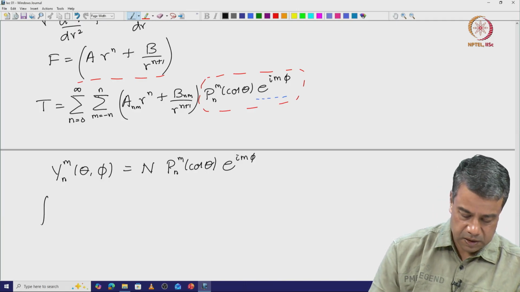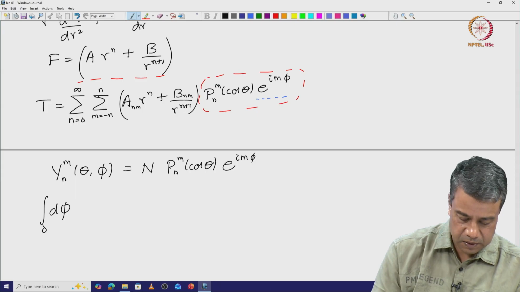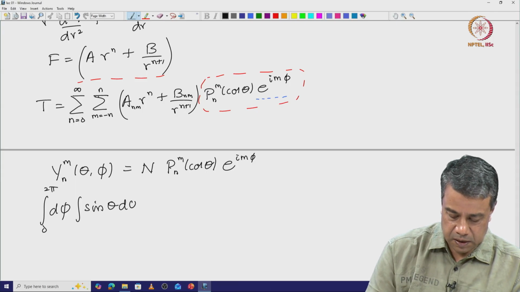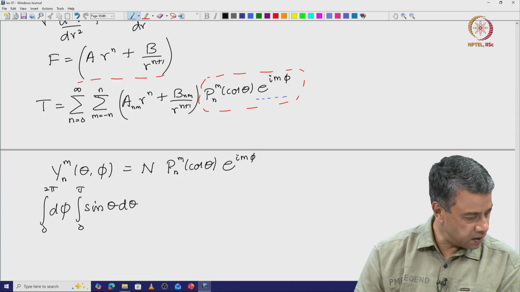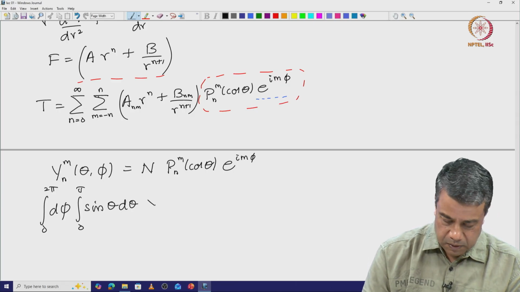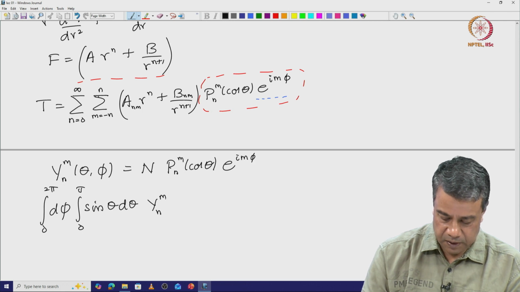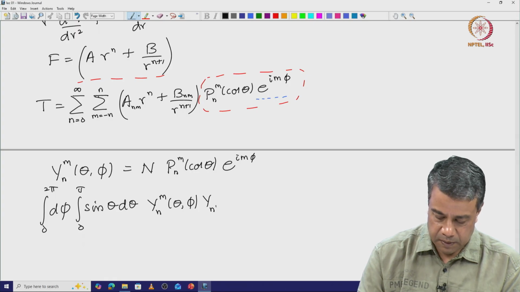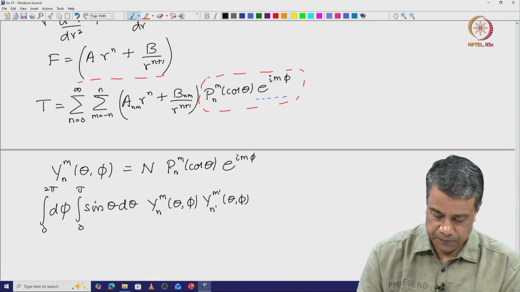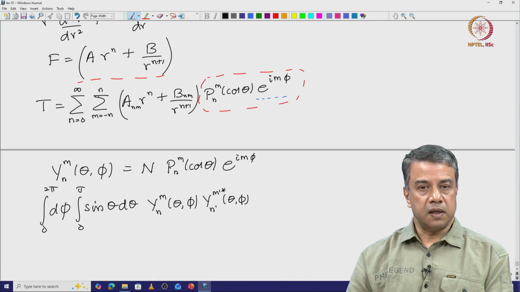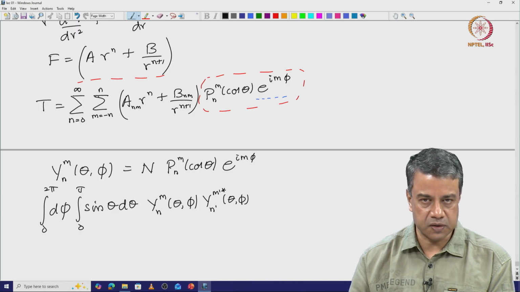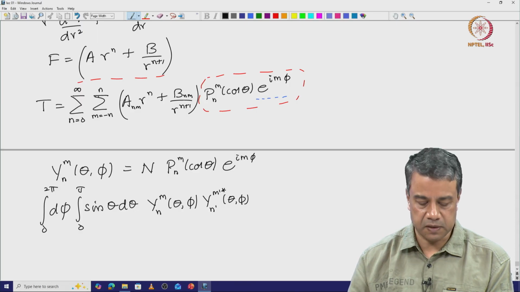So, the condition is the integral of d phi between 0 and 2 pi, sin theta d theta between 0 and pi, times Y n m of theta phi times Y n prime m prime of theta phi. When we are dealing with complex numbers, the second term has to have a complex conjugate in it.